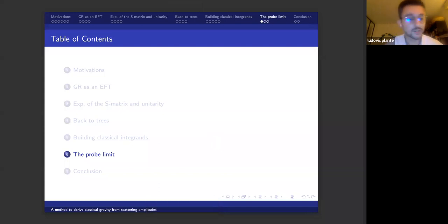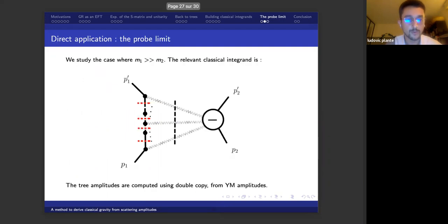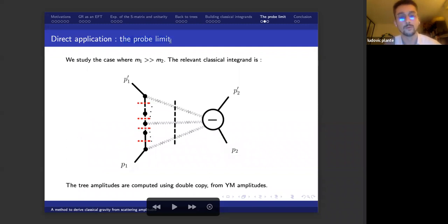Maybe I don't have so much time, so I will say a few things about the probe problem. We applied the method to compute the probe problem up to four loops. In the probe problem, you know that the relevant classical integrand is only this piece, when all the delta functions are put on the left side, for example, if M1 is bigger than M2, and you have to compute this piece where you have expanded the piece on the left, and you have only M minus on the right. And so you can compute the tree amplitudes using double copy from Yang-Mills amplitudes.